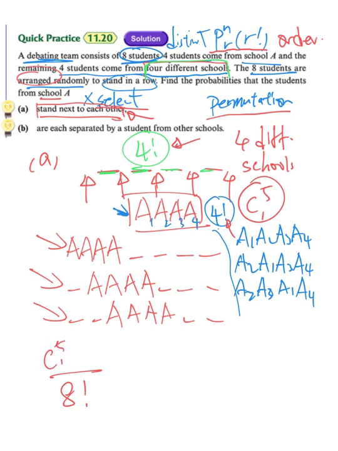You can first choose the 5C1. The only thing you need to remember is that you multiply them because they need to happen at the same time. So you will see that the answer is equal to 1/14 for part A.